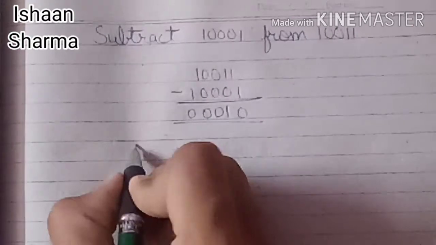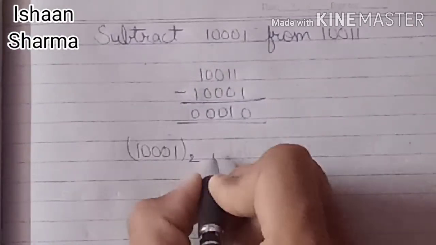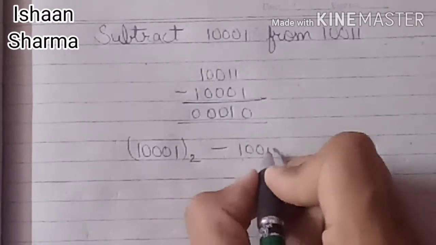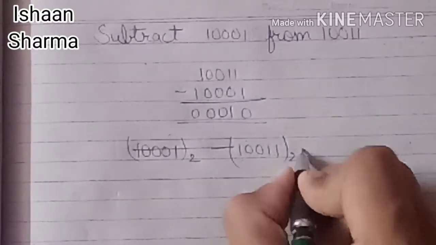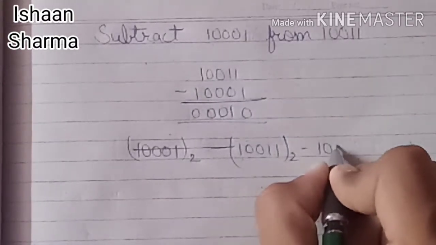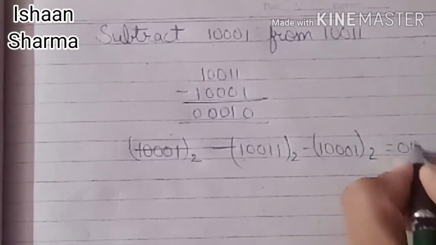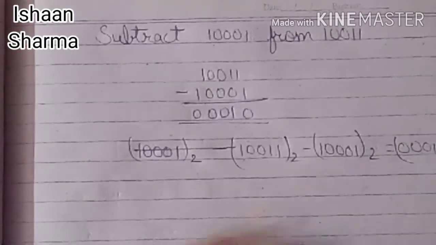So it can be written as 1 0 1 0 1 (base 2) minus 1 0 0 1 (base 2) equals 0 1 0 1 0 (base 2). Okay.